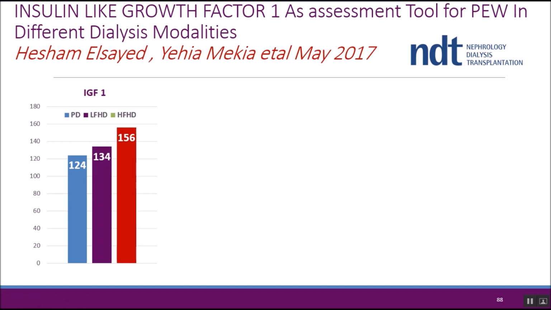Insulin-like growth factor 1 is an assessment tool for protein energy wasting in different dialysis modalities. We studied that and showed that in high flux dialysis, you have a better insulin-like growth factor 1.